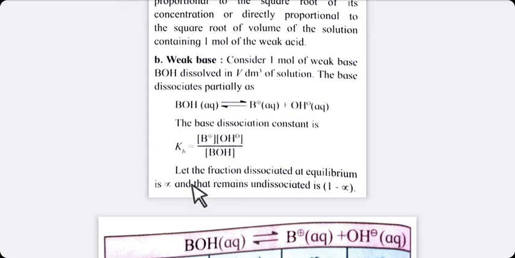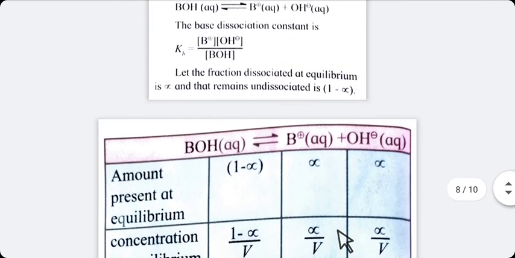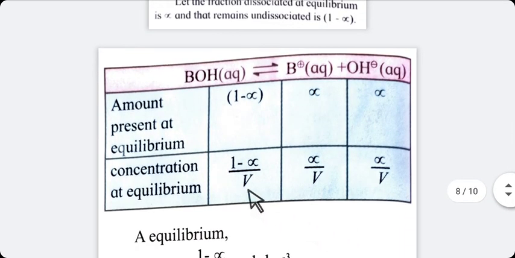Alpha means fraction dissociated, and the remaining undissociated is 1 minus alpha. So from the reaction, it is clear that BOH undissociated means 1 minus alpha, B plus dissociated means alpha, and OH minus dissociated means alpha. Which is dissociated, it is alpha; which is undissociated, it is 1 minus alpha.